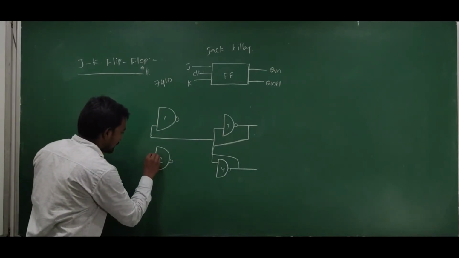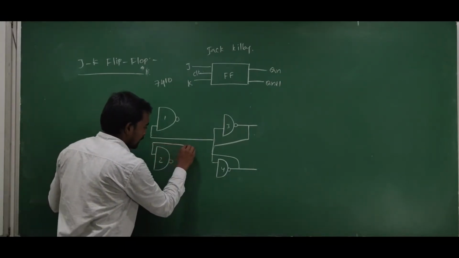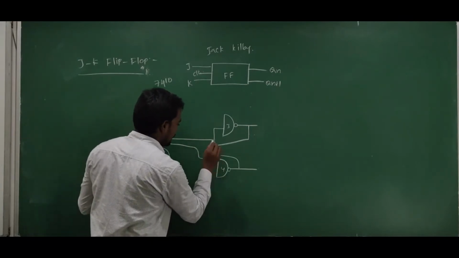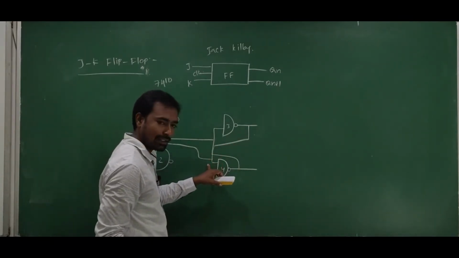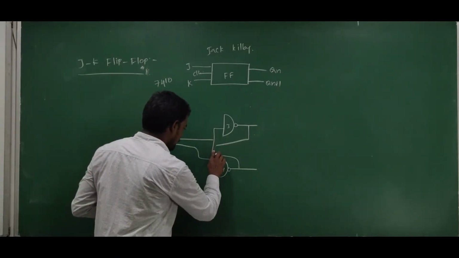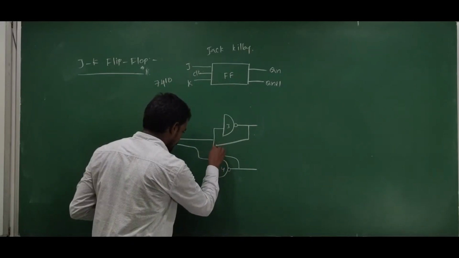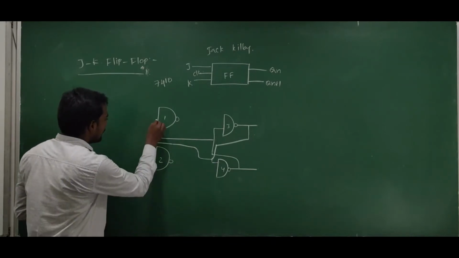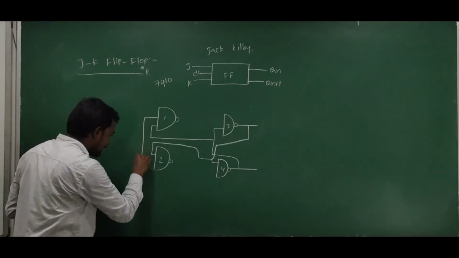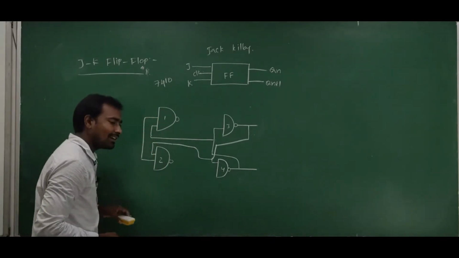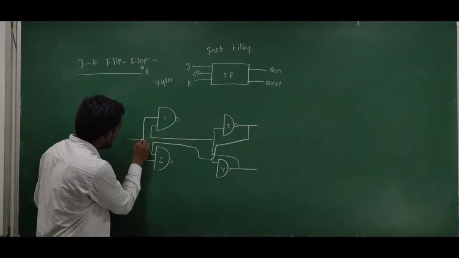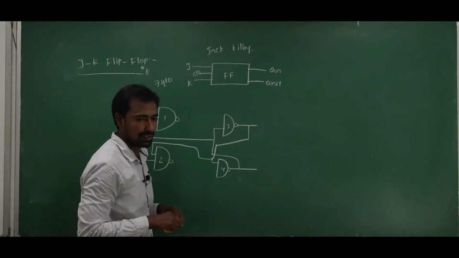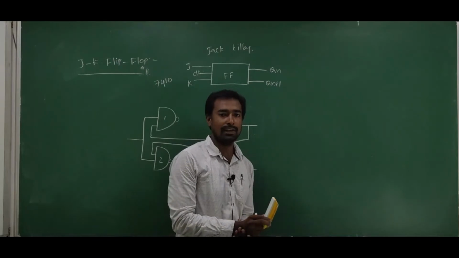And this second NAND gate is connected to the third NAND gate input here. Here I am giving the clock signal. The clock is nothing but a frequency varying, time varying signal.